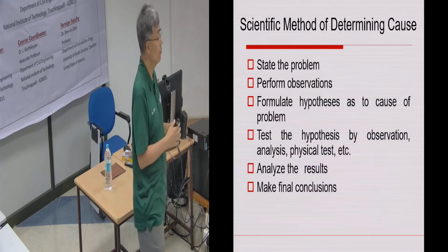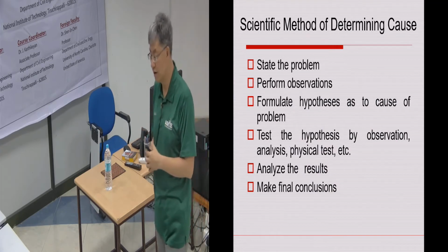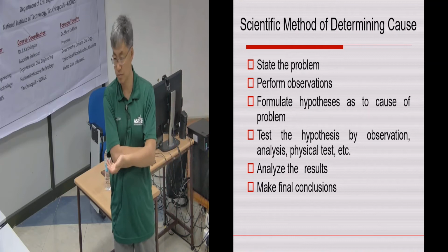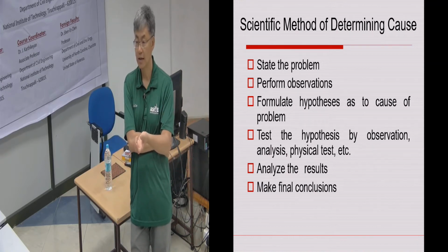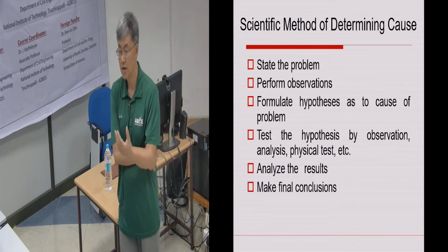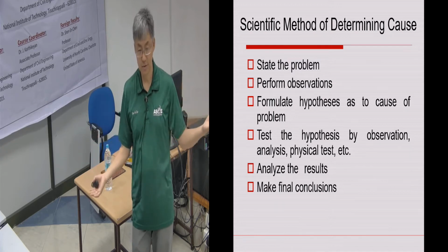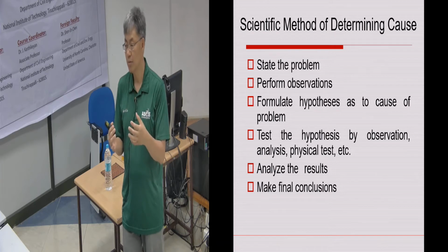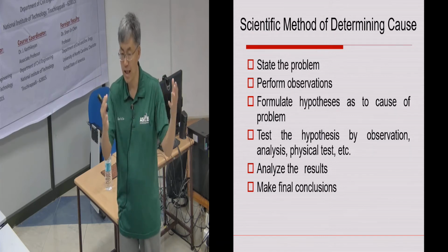The process of failure investigation is that you first of all have to state the problem. Sometimes this becomes a tricky part, because something happened, you go into the site, and the site is a mess. It will take a while before people start realizing what happened here.